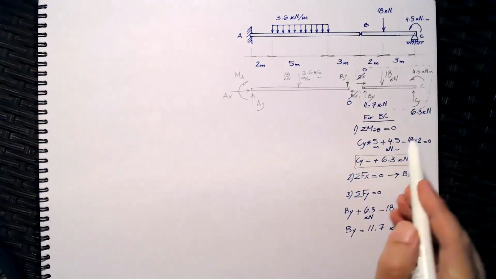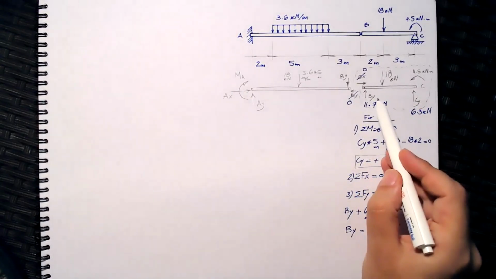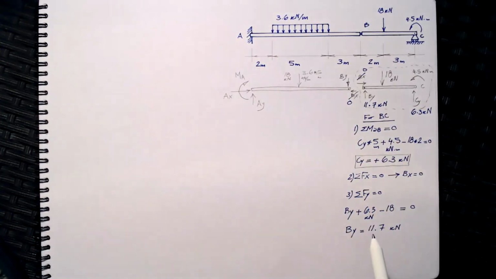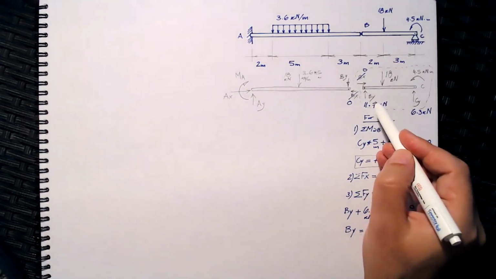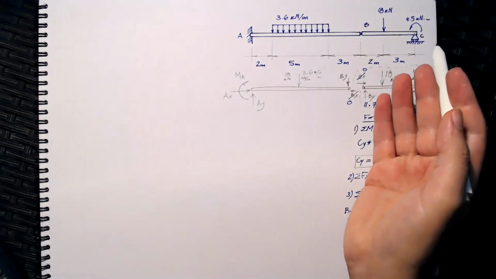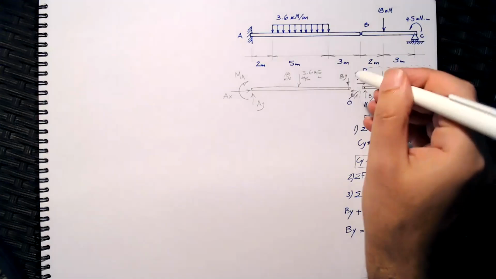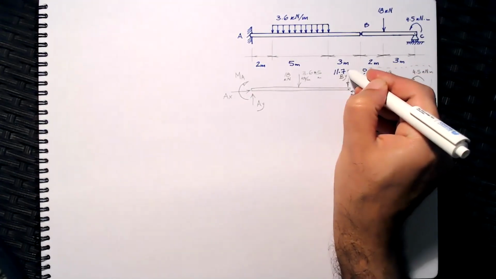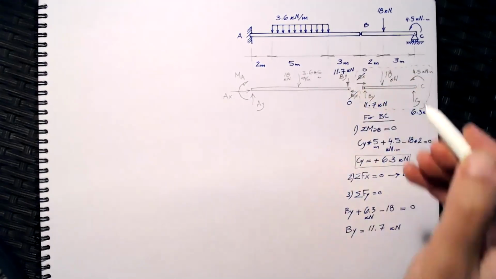So if we know By here, do we know the direction and magnitude of By on the opposite side? And the answer is yes, absolutely. It's equal and opposite. So if By is going upward from the right-hand side of the joint, it's equal and opposite. So it's going downward with the same magnitude, 11.7 kilonewton.